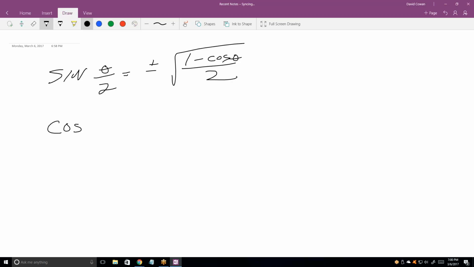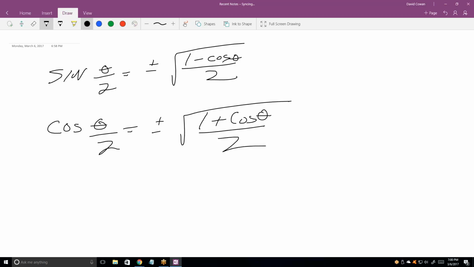And cosine of theta over 2 is plus or minus the square root of (1 plus cosine theta) over 2. And therefore, the tangent that I find, I looked it up and I noticed there's 3 separate identities for tangent of theta over 2.